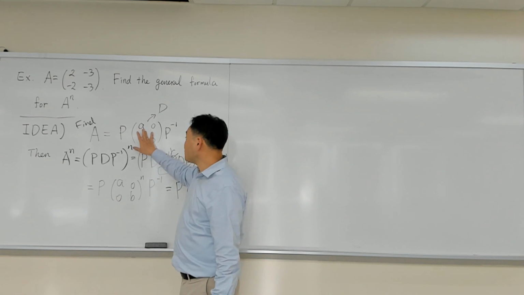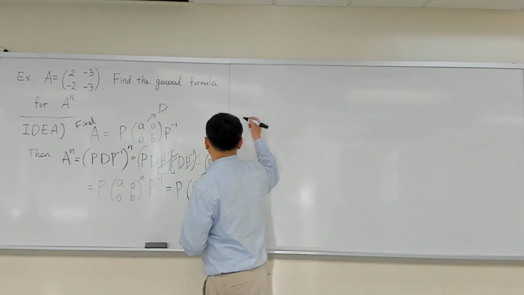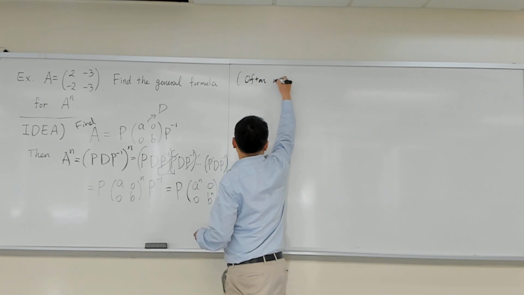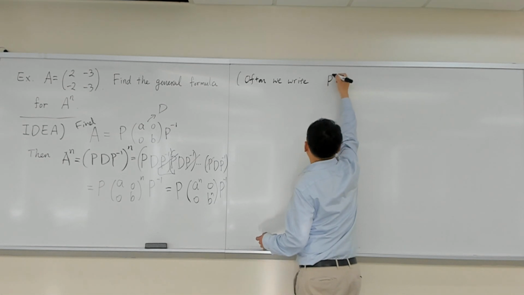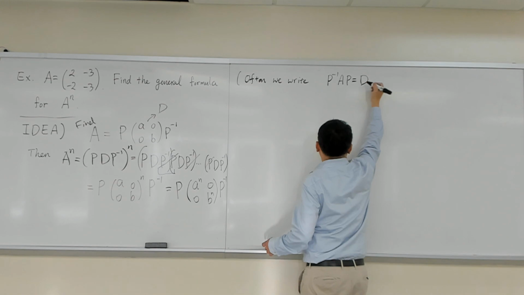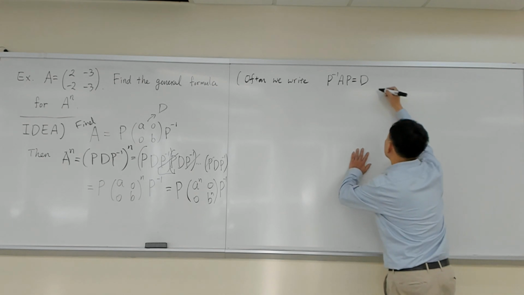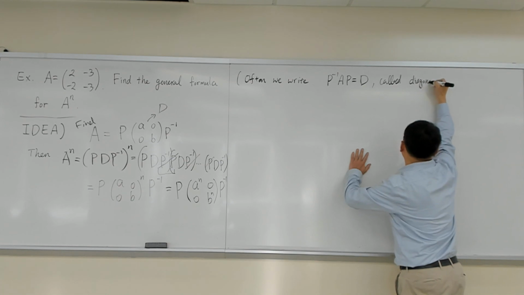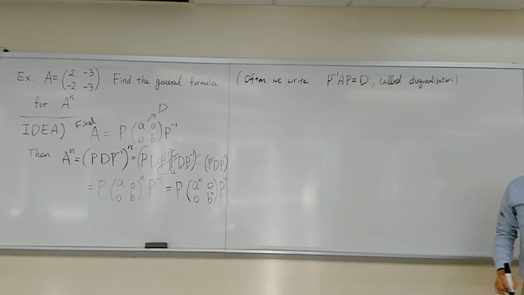Now, often we write P inverse A P equals D, and such a thing is called a diagonalization. So if we can diagonalize, then we can find the nth power.